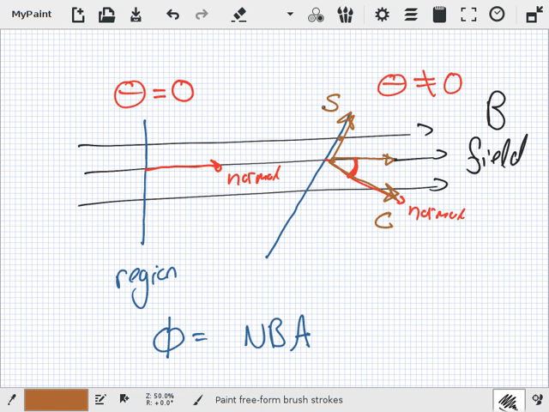Which one do I want? The cos, the one that's perpendicular to the plane. So it's going to be NBA cos theta, if they're at an angle. Now the good news is you don't have to worry if it's cos or if it's sine, because in the formula book it gives both.